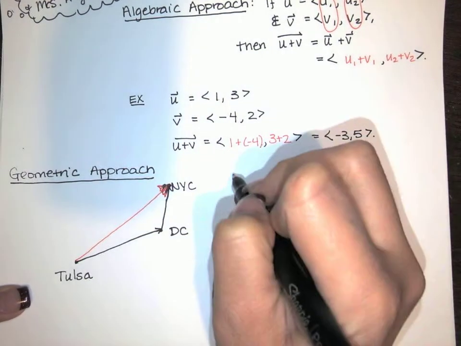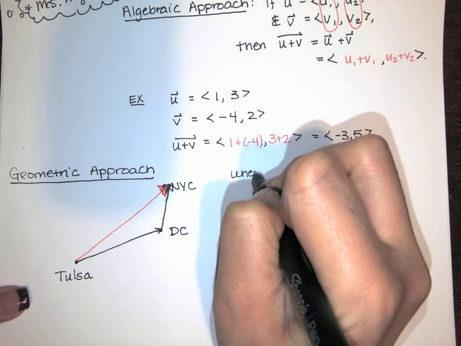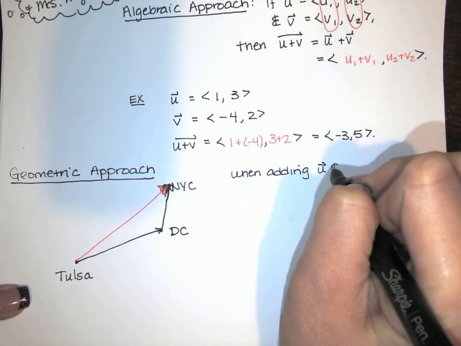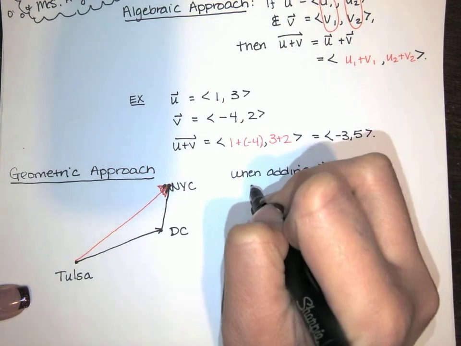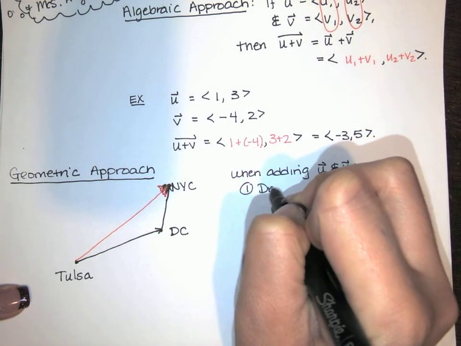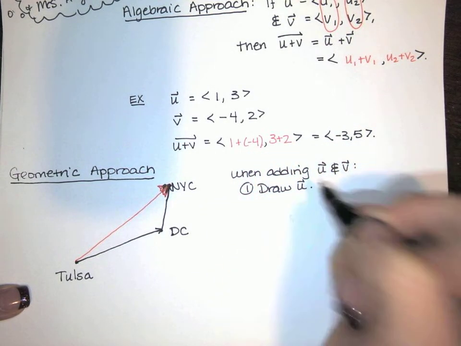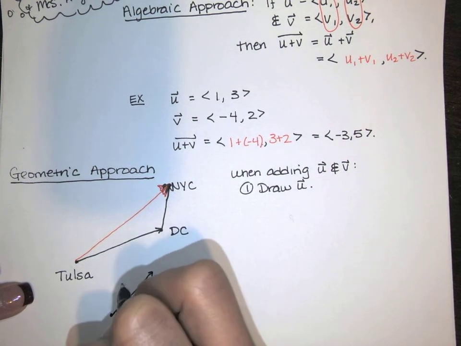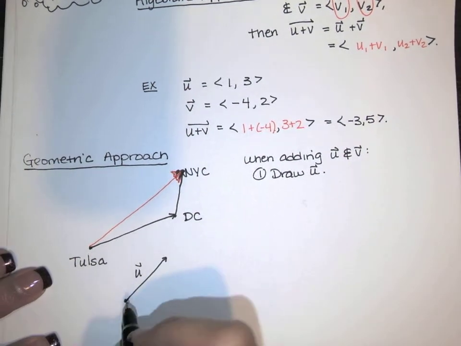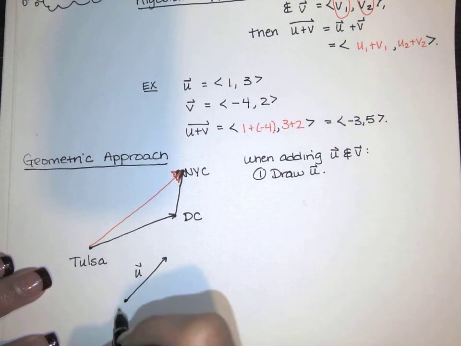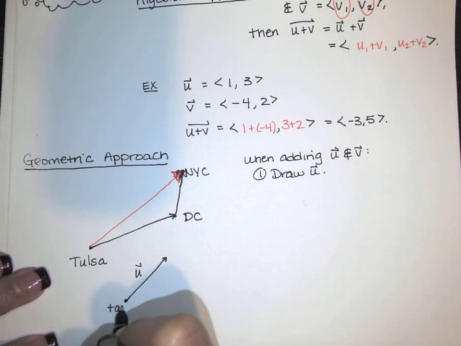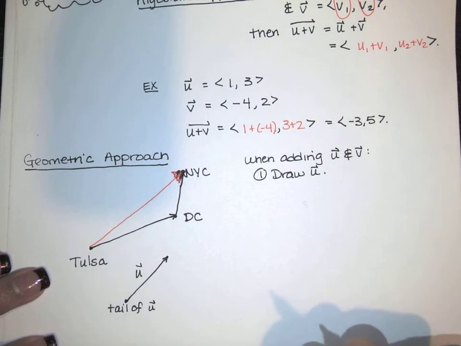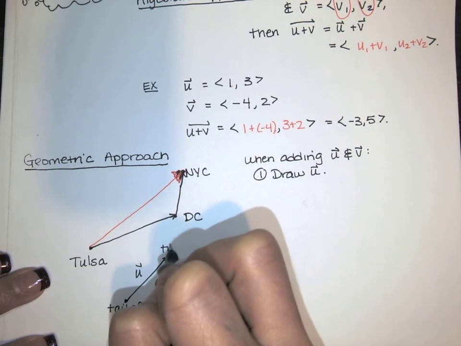So let's say we're adding u and v. The first thing you're going to do is draw u. And let me label this vector u over here. This place that we start, the initial point of u, we're going to call the tail of u. And this place where we end up, the terminal point of u, is called the tip of u.